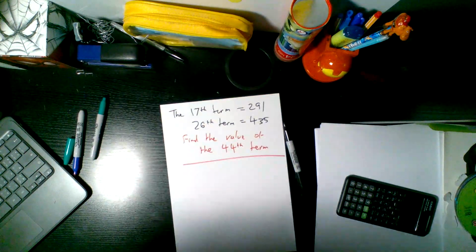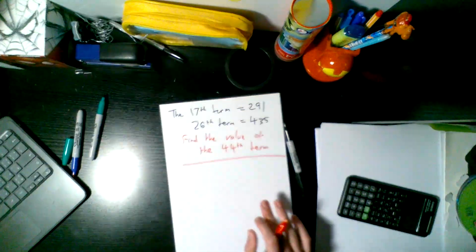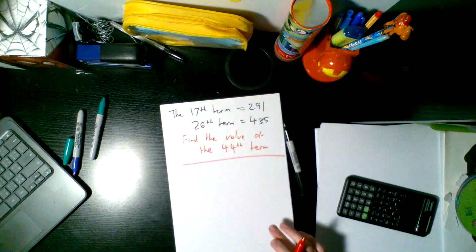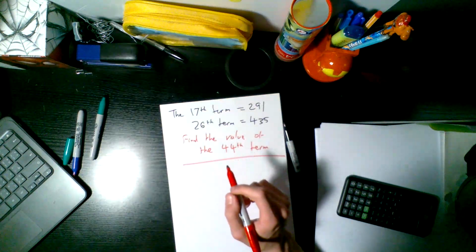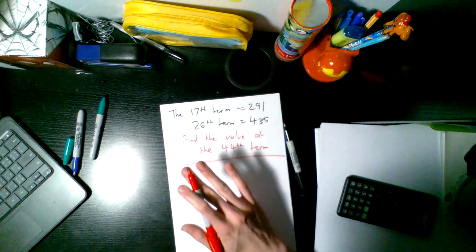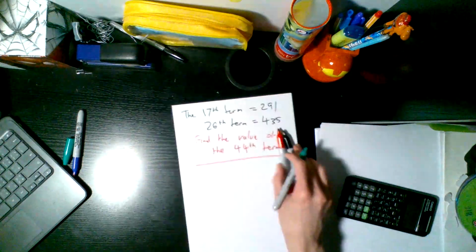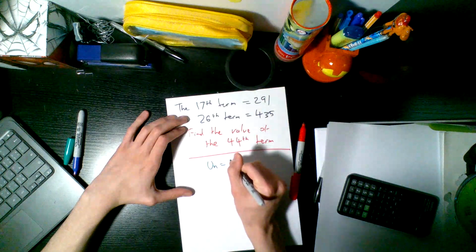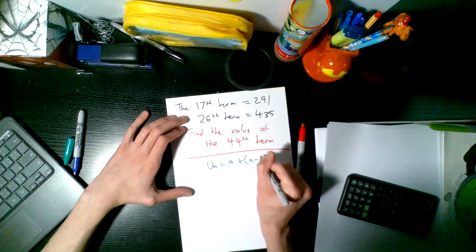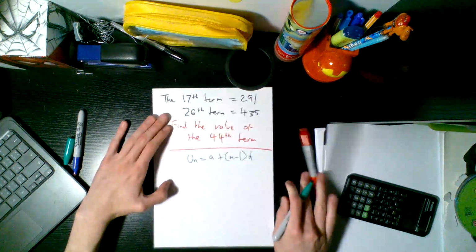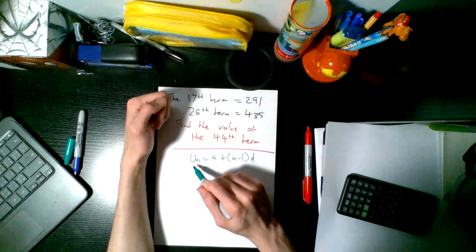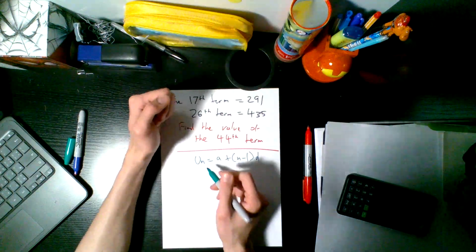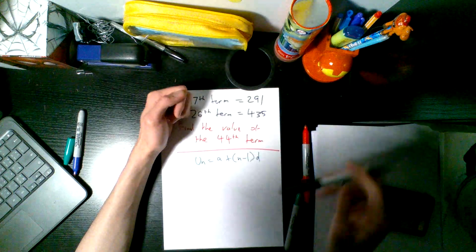First of all, they aren't asking us for the sum, so just forget the formula of the sum. We're going to use the formula un equals a plus n minus 1 d. Let's put the numbers into the formula.